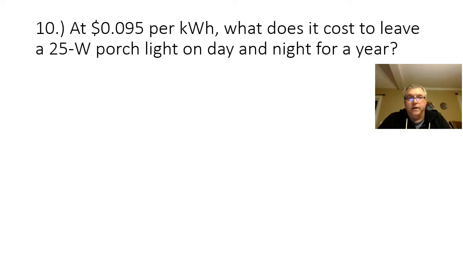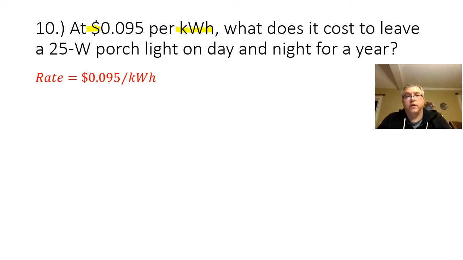Problem 10. At 9.5 cents per kilowatt hour, what does it cost to leave a 25-watt porch light on day and night for a year? This is another dimensional analysis problem. So we need to look at what units we're given at the beginning and what units we want to end up with. We're given the rate at which we're paying for the electricity, which is 9.5 cents per kilowatt hour.